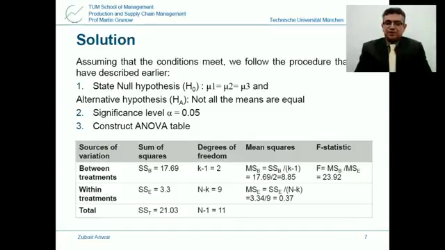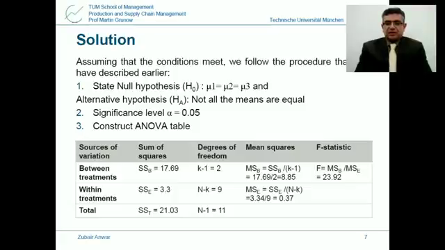The degrees of freedom calculated are 2 between treatments, 9 within treatments, and 11 total. For the mean squares, MSB comes out to be 8.85 and MSE comes out to be 0.37. From these two we can compute the F statistic, which is 23.92.